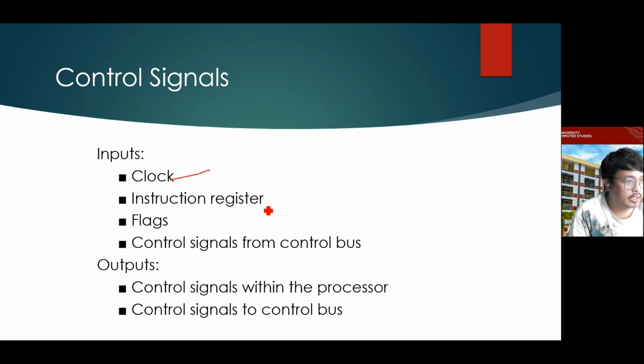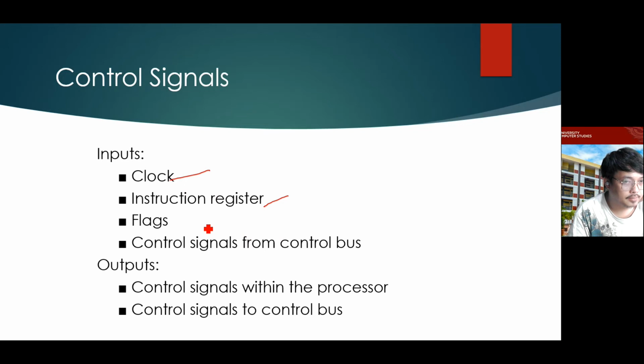For the instruction register, the opcode and the addressing mode of the current instruction are used to determine which micro-operations to perform during the instruction cycle.